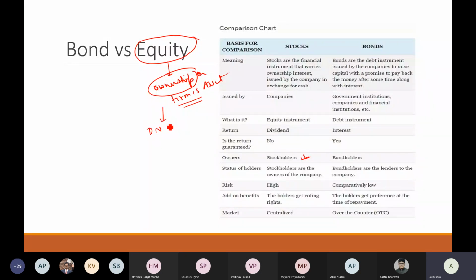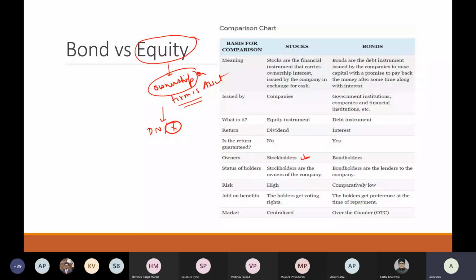And when you are an owner, the company may pay dividend or may not pay dividend. There is no liability towards you as an owner. Considering the various company acts and guidelines, there is no compulsion on the company to pay dividend to shareholders every time period or every year.